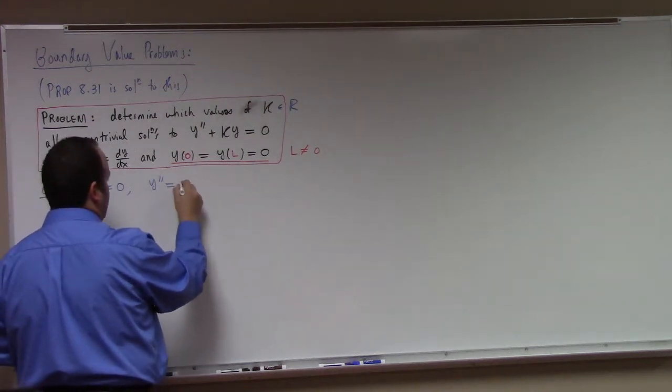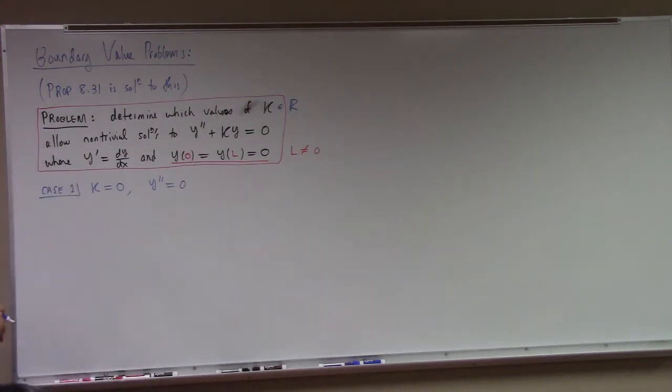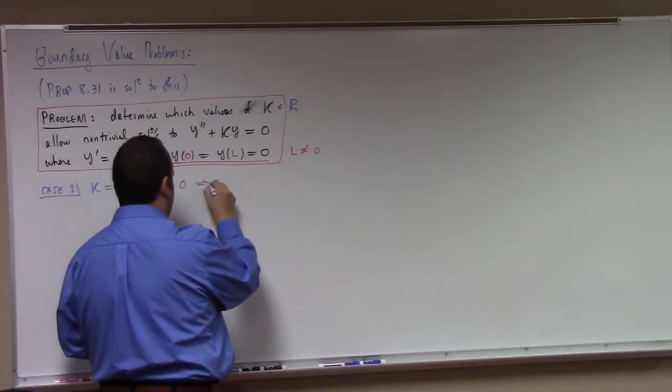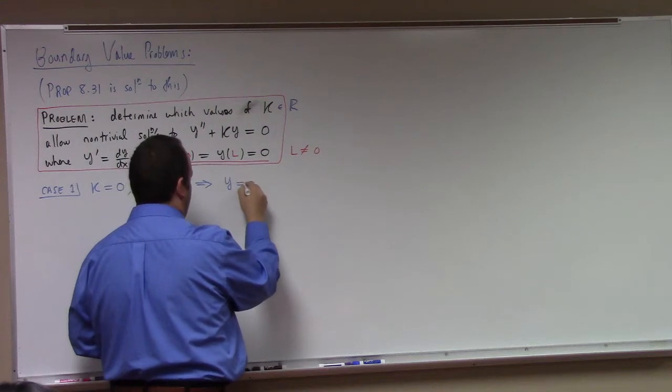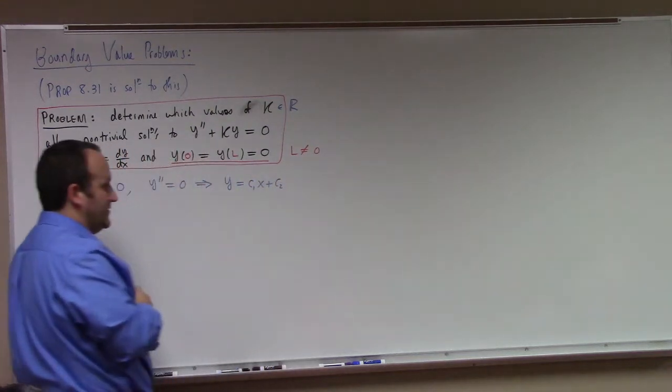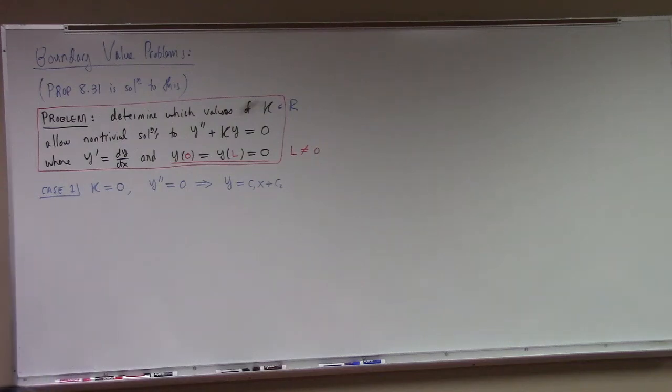Y prime prime equal to 0, right? And you can write down the solution to that. Hopefully before you heard me say anything, right? You should have been able to write, hey, what solution is that? C1x plus C2. We knew that back in Calculus 1, right? Integrate 2 times. There's your solution.